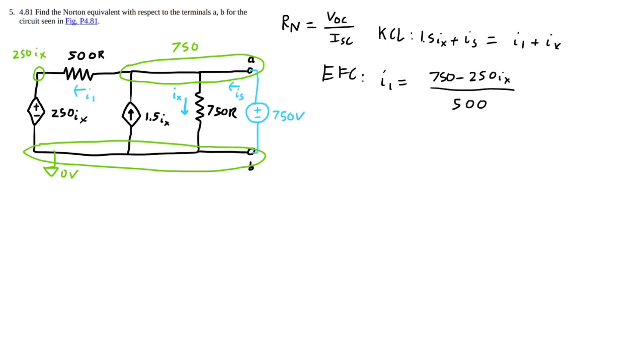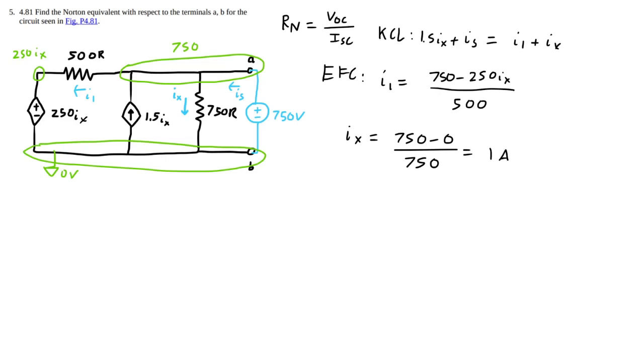And we're going to do IX equals 750 volts minus 0 volts divided by 750 ohms, which is going to make 1 amp.